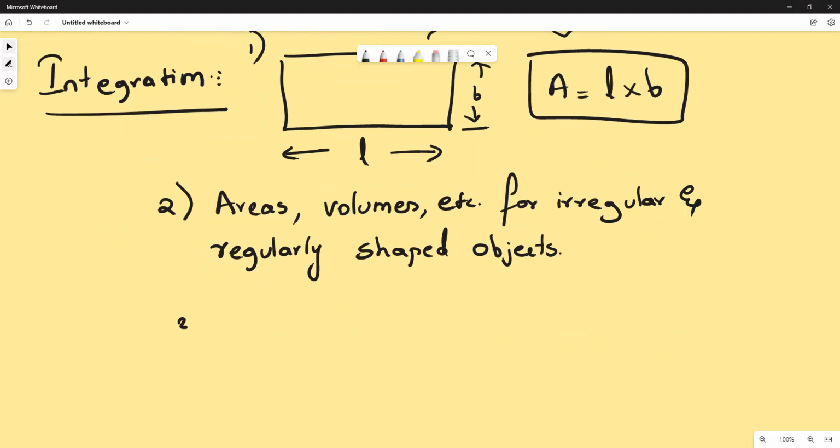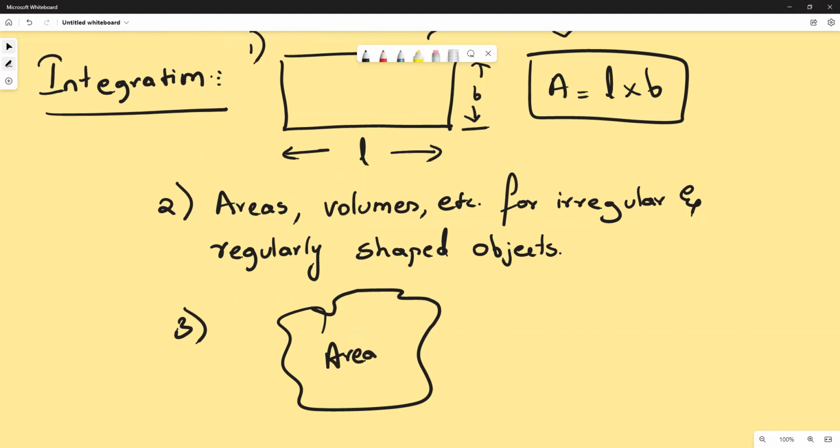But if I give you a very irregular shaped object, which is neither a square, nor a circle, nor a rectangle, nor a triangle, if I ask you what is the area, and if it's three-dimensional, then what is the volume? How are we going to calculate this? We are going to use integration. The application of integration is to find areas and volumes of irregular and regularly shaped objects.